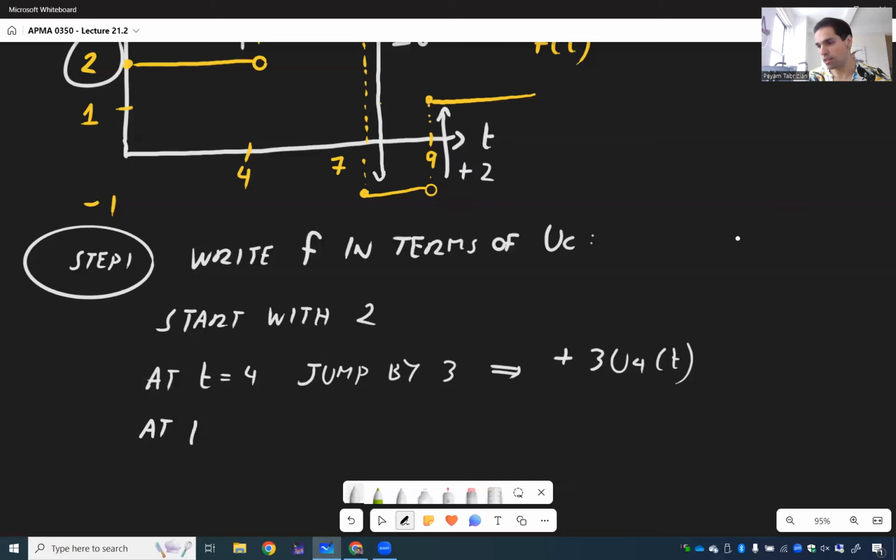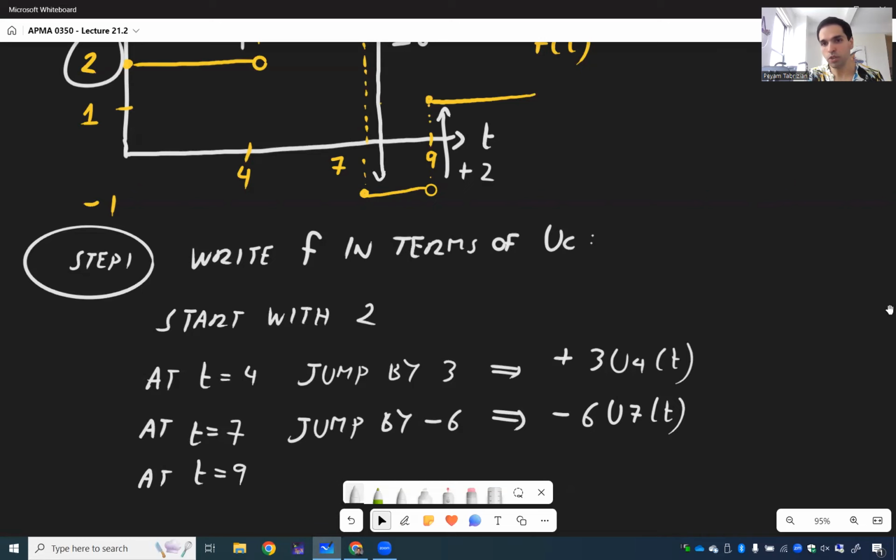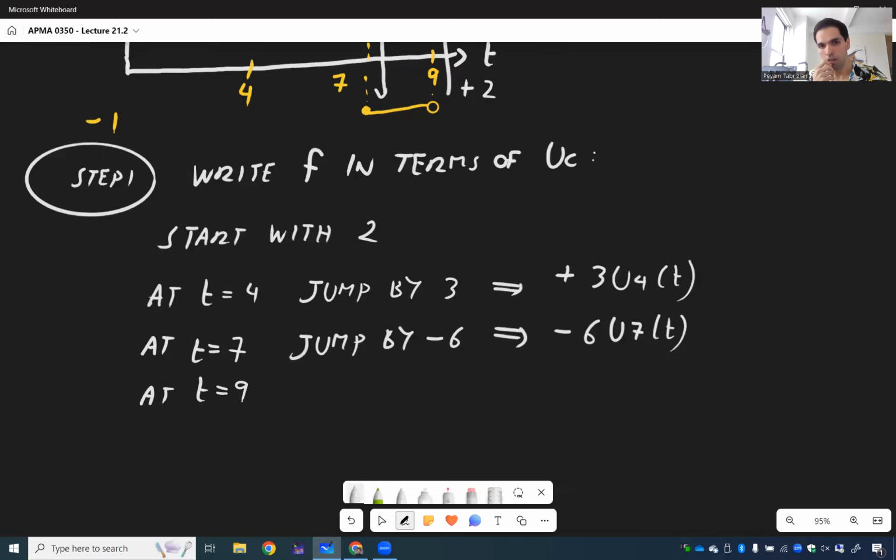So at t equals 7, jump by -6, and that gives you -6u7. And finally, at t equals 9, you jump by 2, and that gives you plus 2u9 of t.